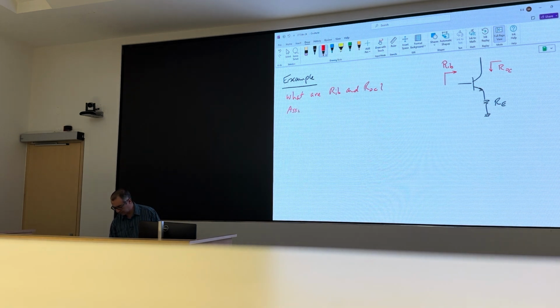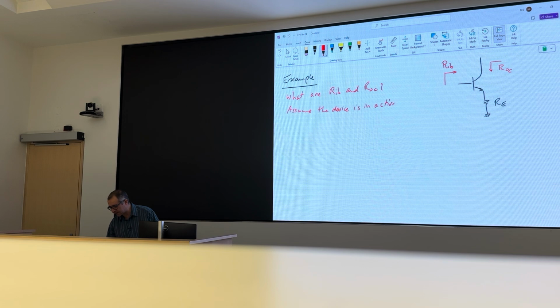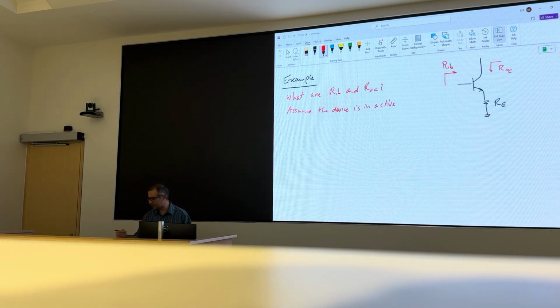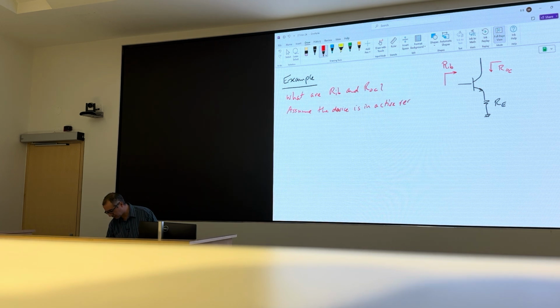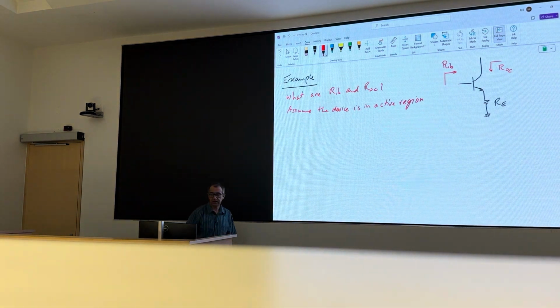Assume the device is in active region. Whenever I say amplifier in this course, I mean the device is in active region. If I don't mention it, that's implied.